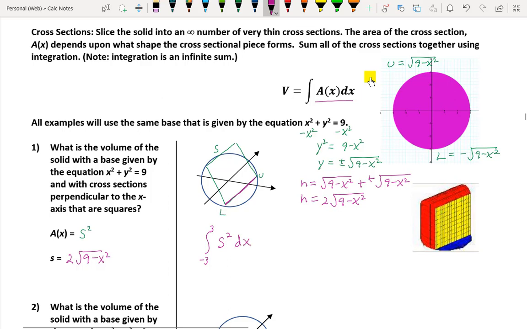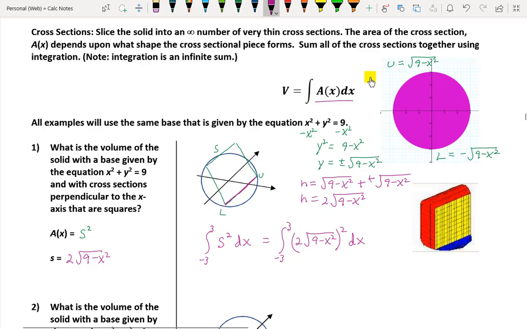So our s in this case is 2 times the square root of 9 minus x squared, and then we need to square that whole thing, from -3 to 3, dx.